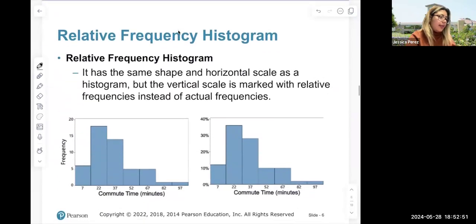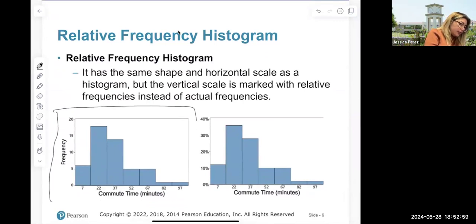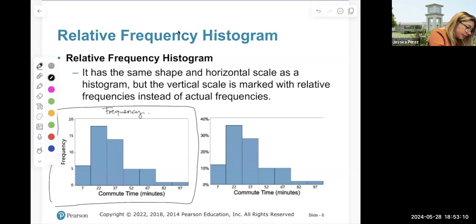So this is an example of a relative frequency histogram. This is your basic frequency distribution, consisting of your frequency and the commute times. For this one, it's going to have your classes here.